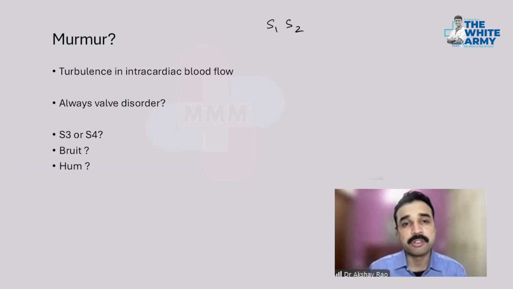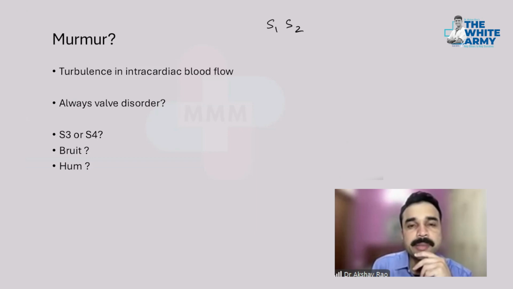But if for some reason the blood flow is not streamlined and there is turbulence, it will produce a sound, and this is what is known as a murmur. A murmur most often will be indicative of an intracardiac lesion, some problem within the heart producing the turbulence, leading to this abnormal sound.